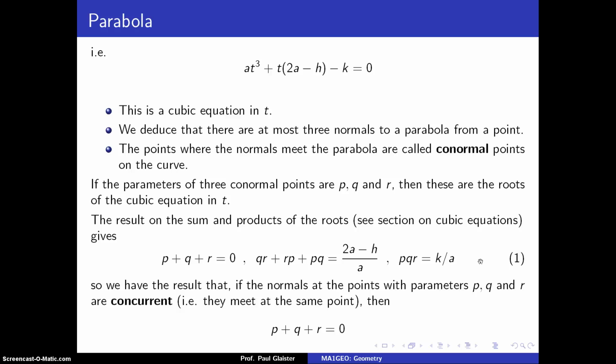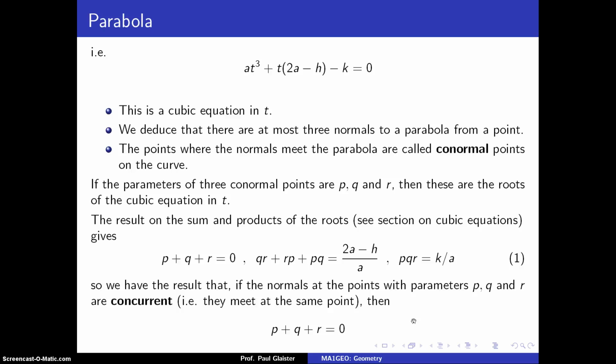Now in particular we see that the sum of the 3 parameters has to be 0. In other words, if the 3 parameters add up to 0, then this cubic equation will have those 3 roots p, q, r, provided these 2 other properties hold.